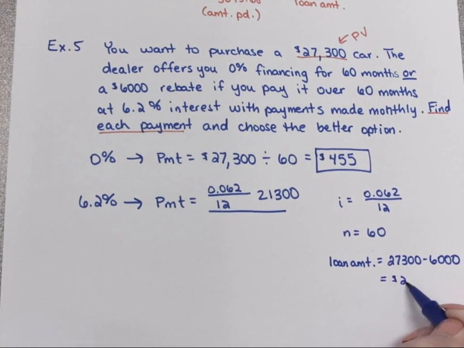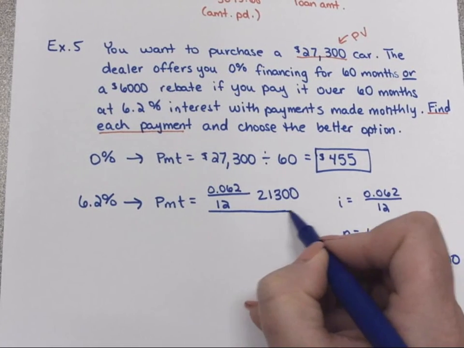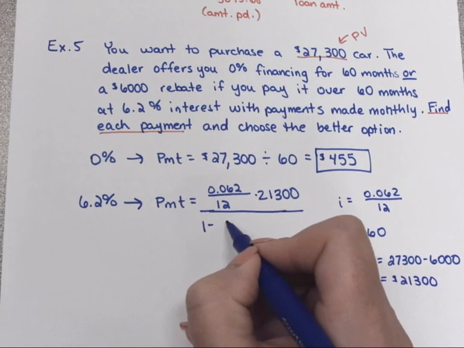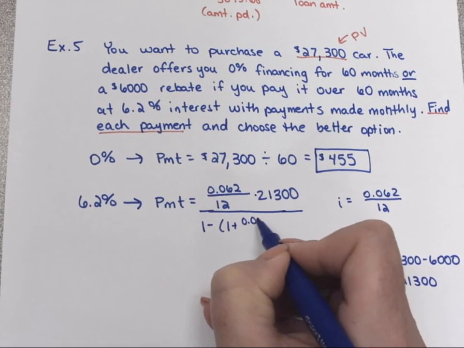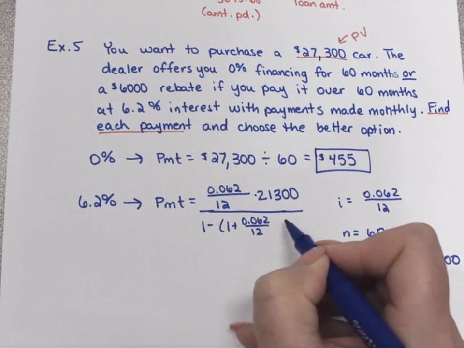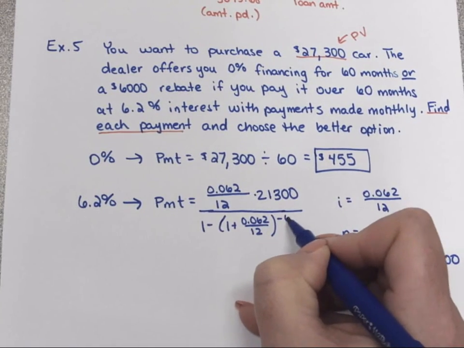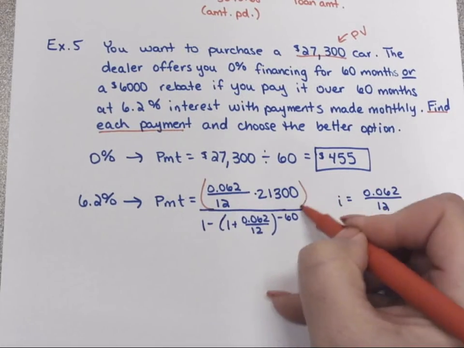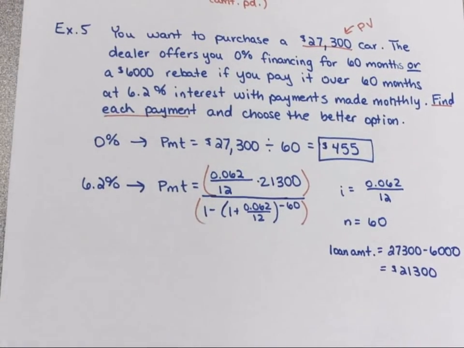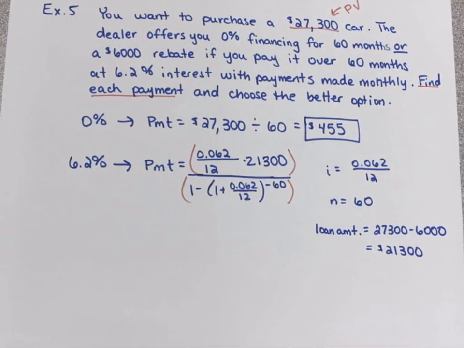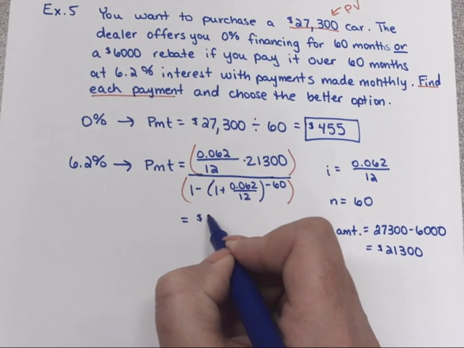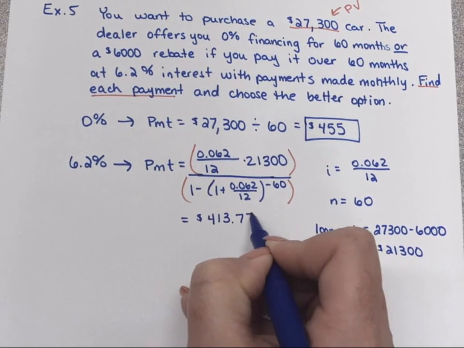Let me write that down here so that we remember later where we got that from. And then on the bottom it is 1 minus (1 plus 0.062 over 12) to the negative 60th power. And this time we are not going to forget to insert our parentheses. So if you work this out, you will get a $413.77 payment.